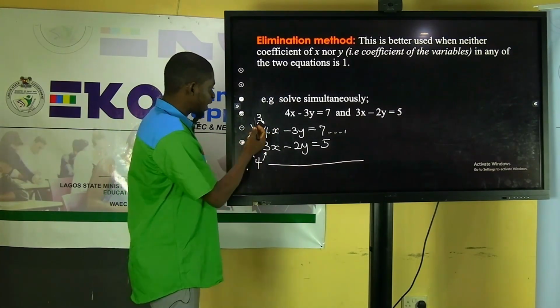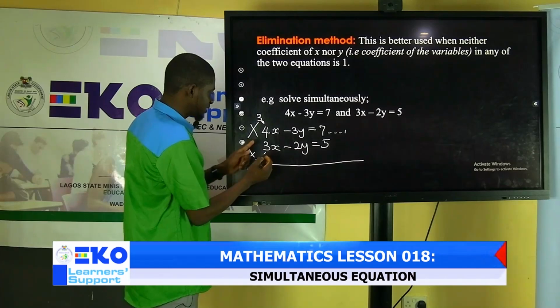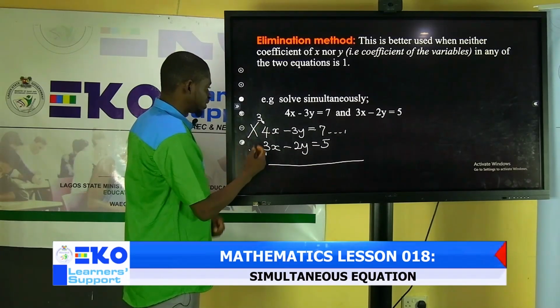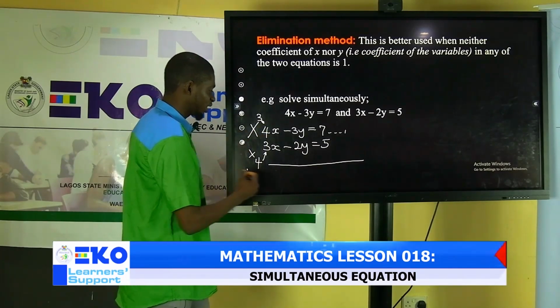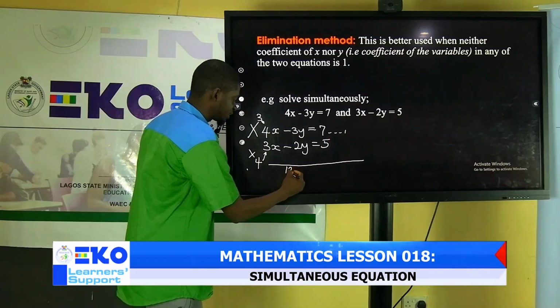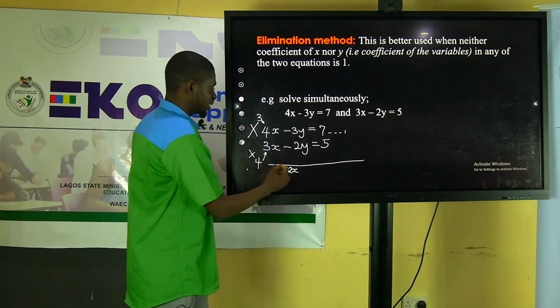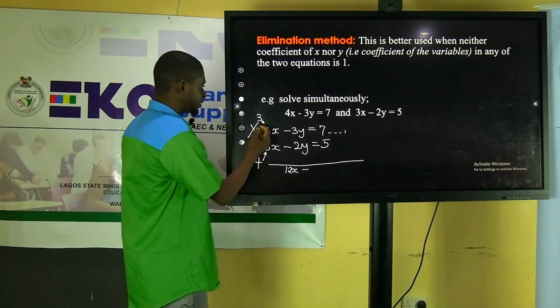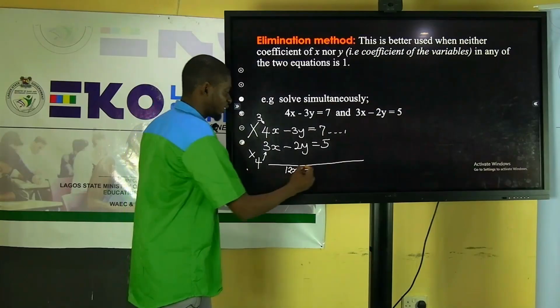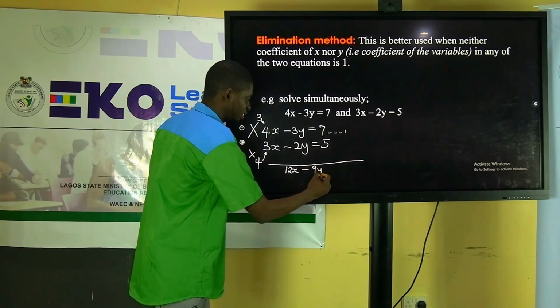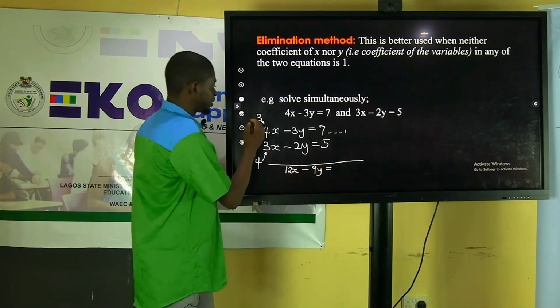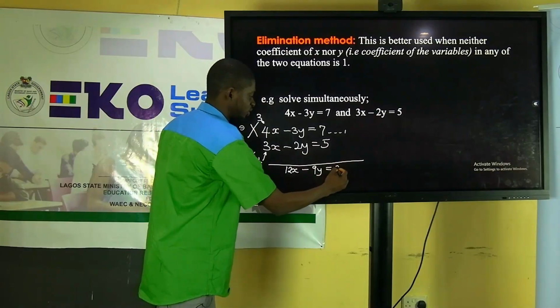So 3 multiplied by 4, that gives us 12x minus, then 3 multiplied by 3y, that gives us 9y equals 3 multiplied by 7, that gives us 21.